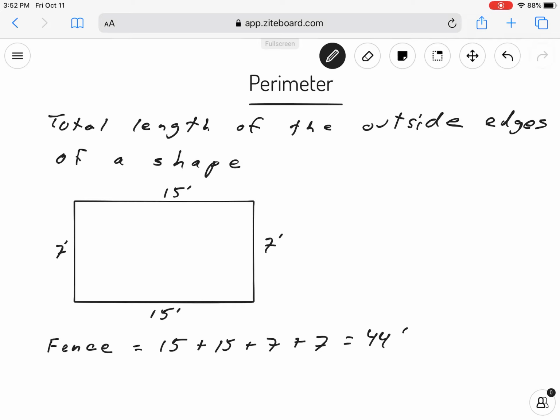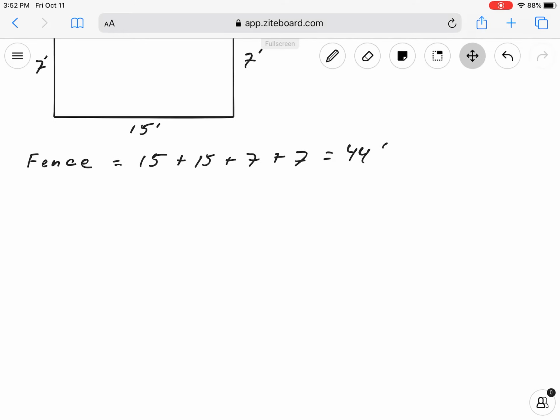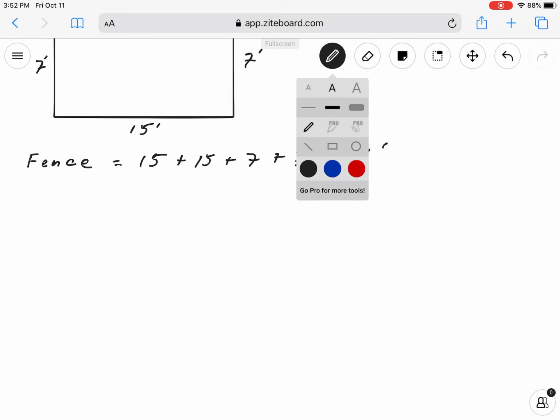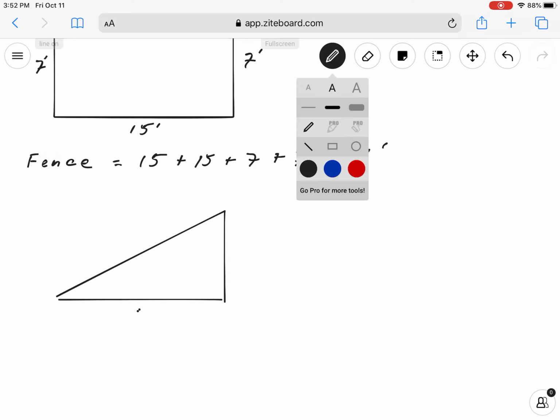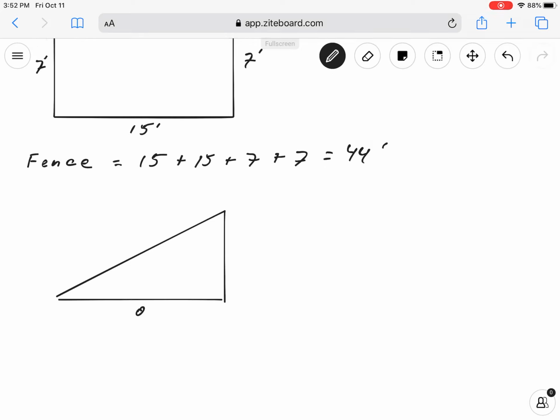The fence, you can think of it, is the fence that we would put around the outside of a shape of ground. Same thing would be if I had a triangle. If I had a triangular area, and this was, say, 8.